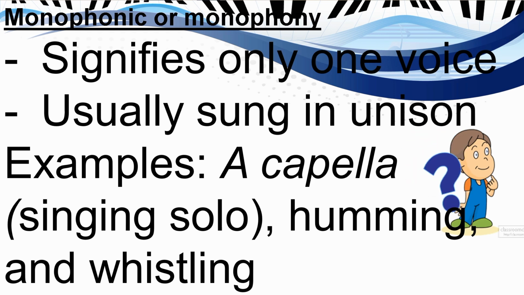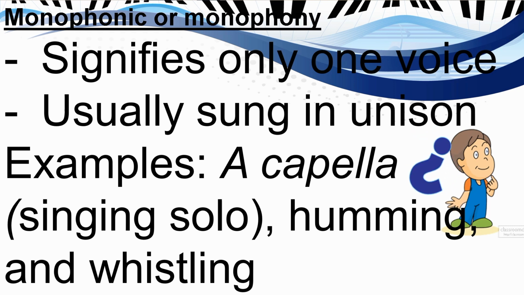And when you whistle, so instead of singing a song according to the lyrics, you just whistle it or you just hum like a lullaby. That is an example of monophonic texture. So I hope that everything about monophonic texture is clear to everybody.